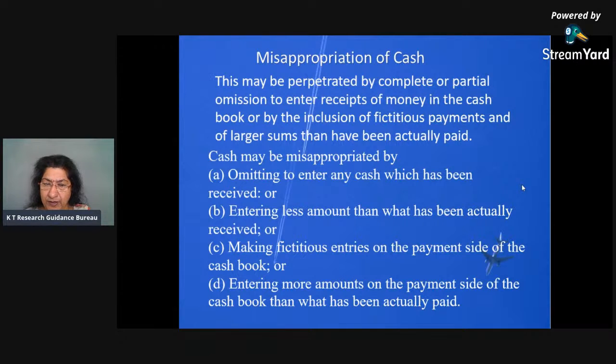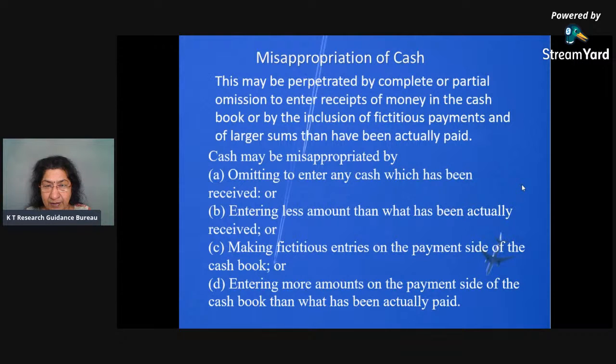So this way, up to some extent, you can safeguard your case. And second one is entering less amount than what has been actually received. I gave the example that you received 1,50,000 and they entered only 1 lakh rupees.